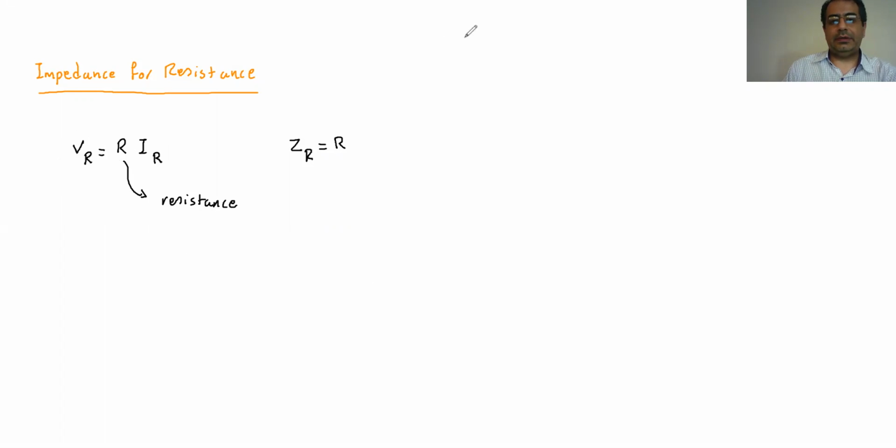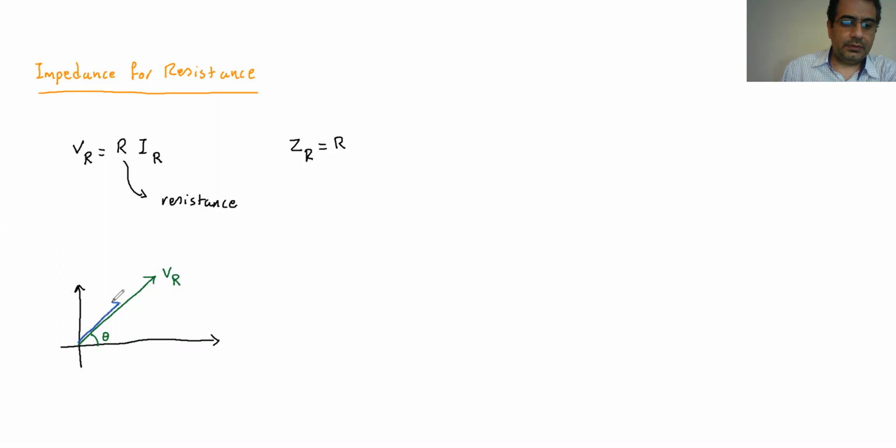So for the resistance, if we draw the V and I, it's going to be VR with an angle of theta, then the I is going to have the same angle as well, just different magnitudes.